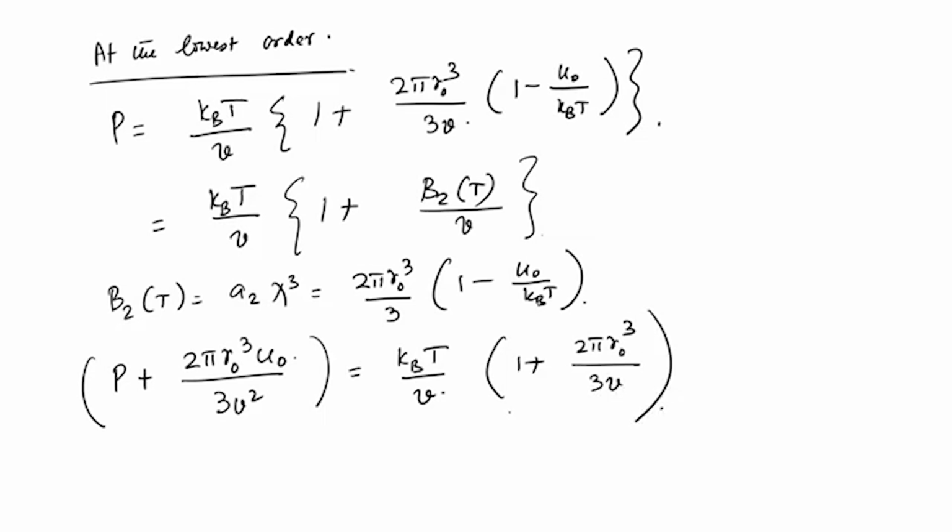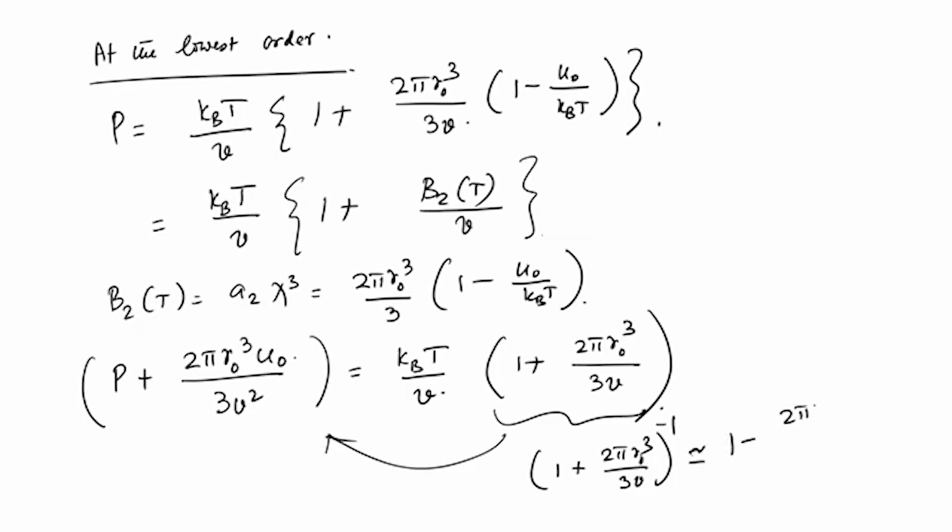Okay. And if you send it to the other side, you will have to make this thing as 1 plus 2 pi r 0 cube by 3 v going to the other side, and then using this expansion, this is equal to 1 minus 2 pi r 0 cube by 3 v.